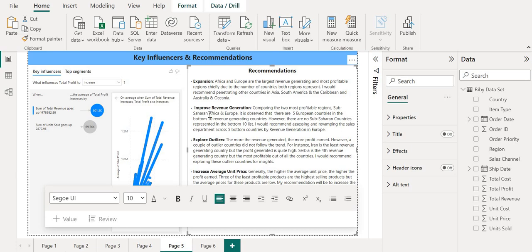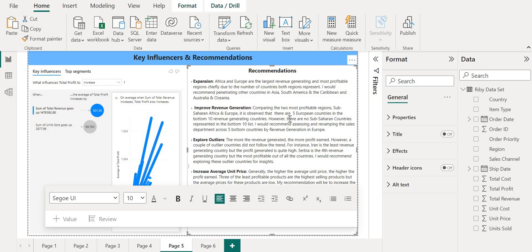Then another recommendation would be to improve revenue generation. Comparing the two most profitable regions, Sub-Saharan Africa and Europe, it is observed that there are 5 European countries in the bottom 10 revenue generating countries. However, there are no Sub-Saharan countries represented in the bottom 10 list.